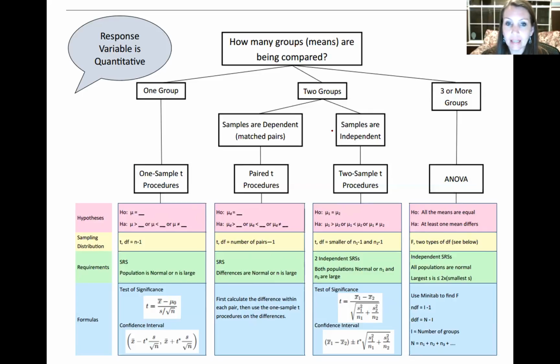In that case, if I know who's in the Bluebell ice cream group, that would tell me exactly who's in the Dreyer's ice cream group because it would be the same people. So those 2 samples are dependent, a matched pairs situation.